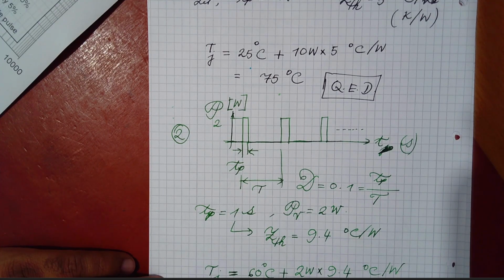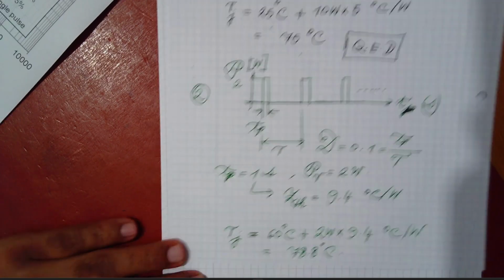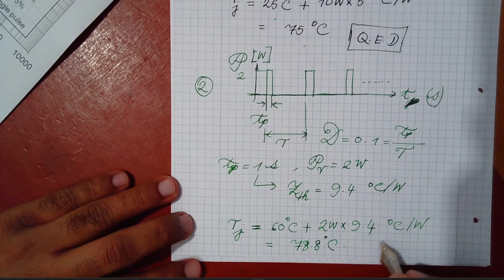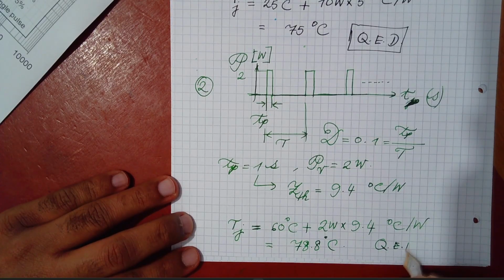So this should be 18.8 plus 60, so 78.8 degrees Celsius. And this is again what we wanted to calculate.